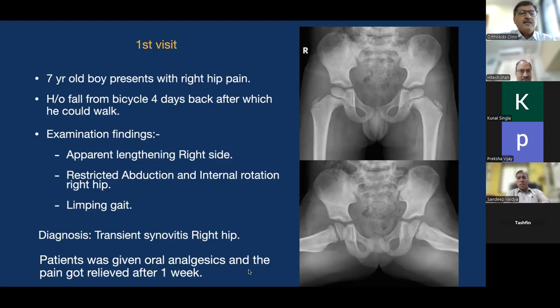He was walking when he presented to you? Yes, he was walking, but typically we see a bit of limp and a bit of external rotation, and there was a little apparent lengthening. In very acute synovitis we don't see apparent lengthening; it's a bit of deformity, which we see in a longer-standing condition.